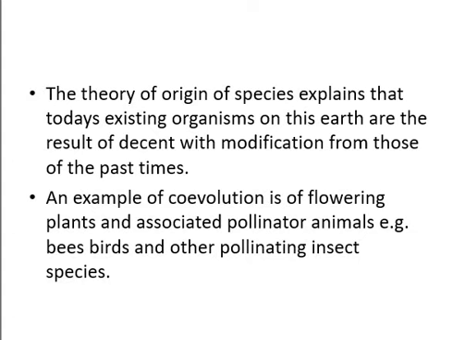So evolution is a living force and a living process. An example of coevolution is flowering plants and associated pollinator animals, for example bees, birds and other pollinating insect species, which are examples of coevolutionary agents.